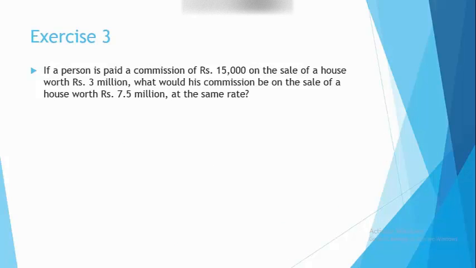If a person is paid a commission of 15,000 rupees on the sale of a house worth 3 million rupees, what would his commission be on the sale of a house worth 7.5 million at the same rate? So let's start by underlining the keywords. So the commission is 15,000 rupees on a sale of a house worth 3 million rupees.